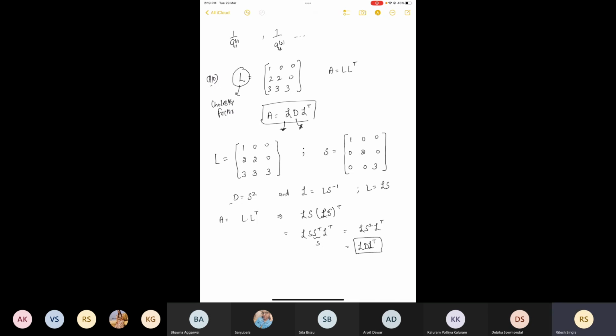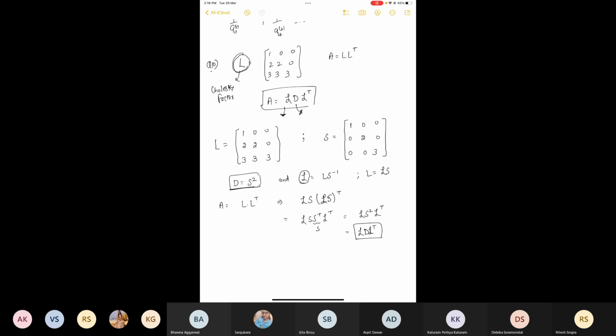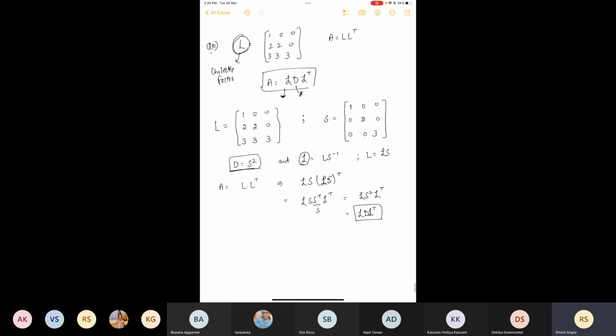So this is what you have to recall: if you have your Cholesky factor L, you can find your diagonal matrix D and you can find your new lower triangular matrix L. And from here you can see that your Cholesky factor is nothing but L into S, where S square is D, so S is D power 1 by 2.